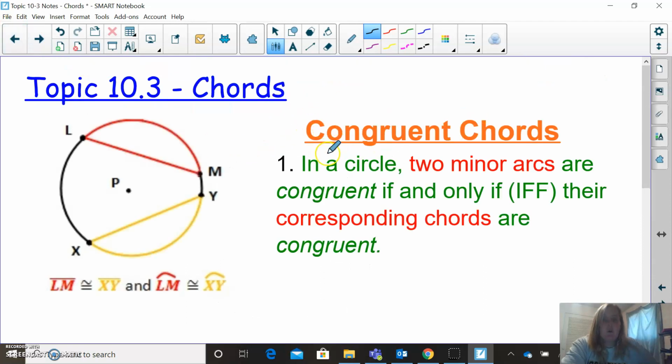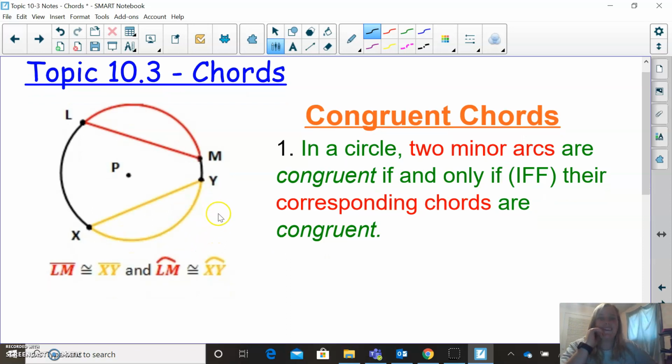So, congruent chords in a circle. Two minor arcs are congruent if and only if, and we shorten this a lot to IFF, their corresponding chords are congruent. So that means that arc LM can only be congruent to arc XY if the chord LM is congruent to the chord XY.